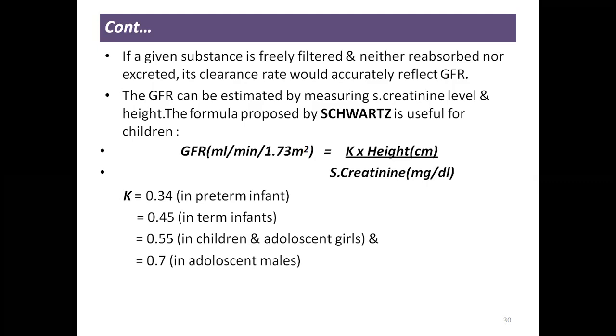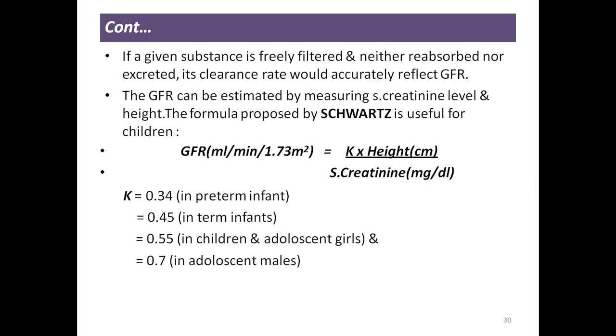GFR, that is the glomerular filtration rate, is equal to K, which is a constant that can have a variable value according to the age, times height in centimeters divided by serum creatinine level. So if we know the height, we have this constant, and we have the value of serum creatinine, we can calculate the glomerular filtration rate.